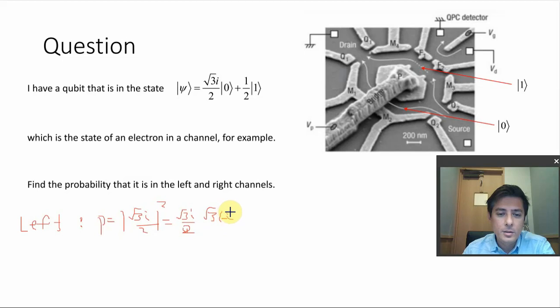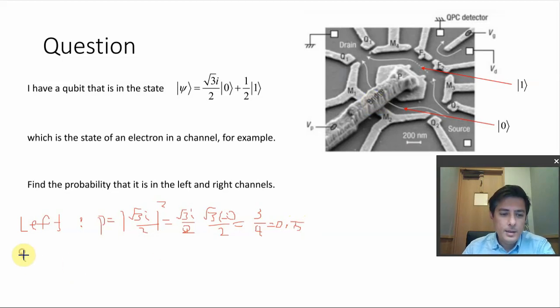So we've got to change the sign on the i here, right? And then i times minus i is just 1, because i squared is minus 1, and minus of that is 1. Root 3 times root 3 is 3, and 2 times 2 is 4. So with probability 0.75, you will find that it goes left.